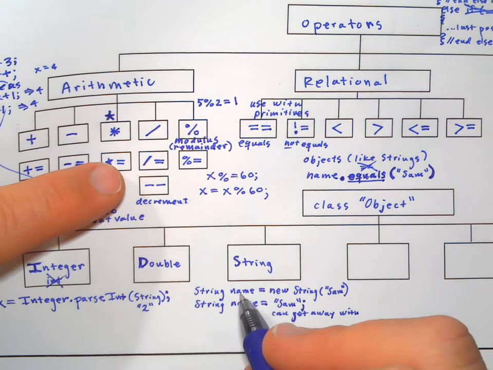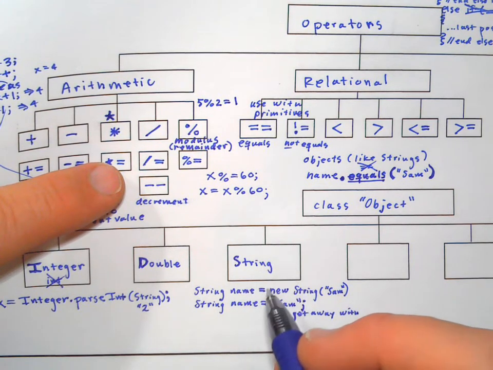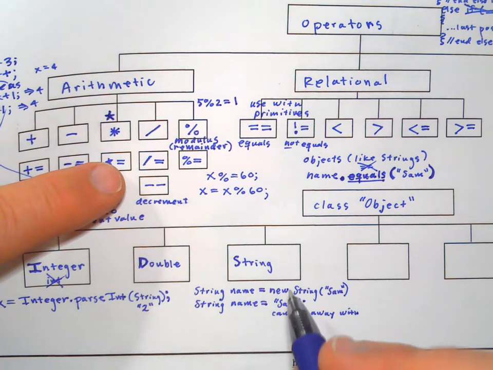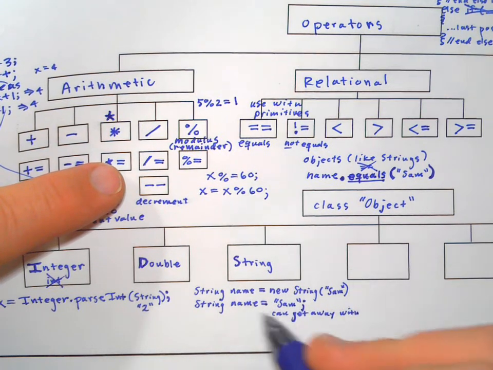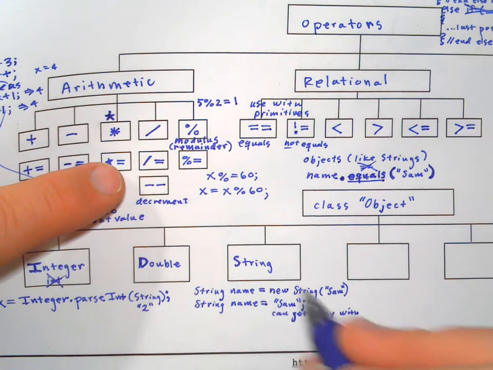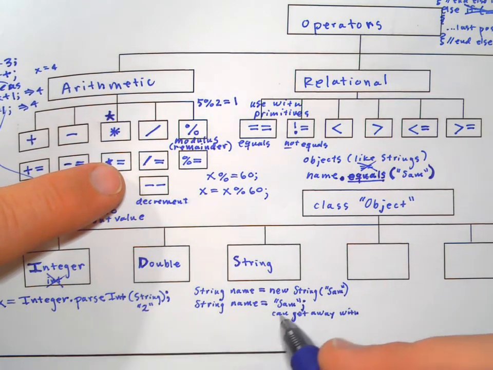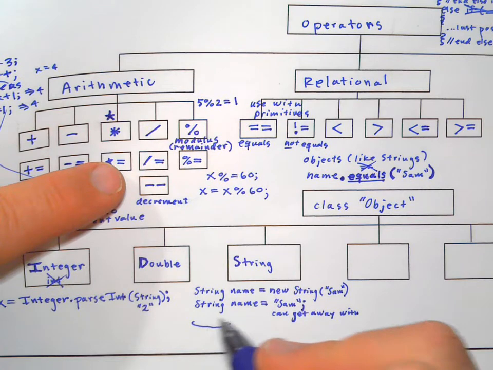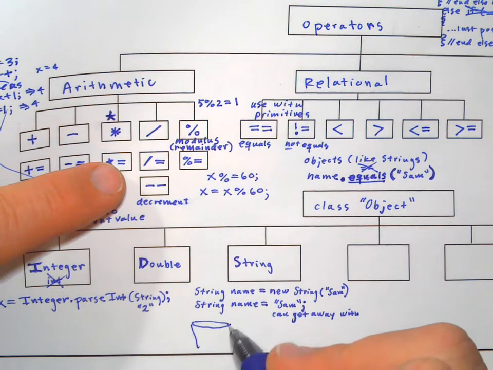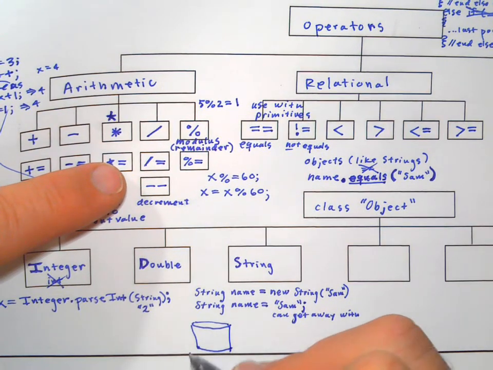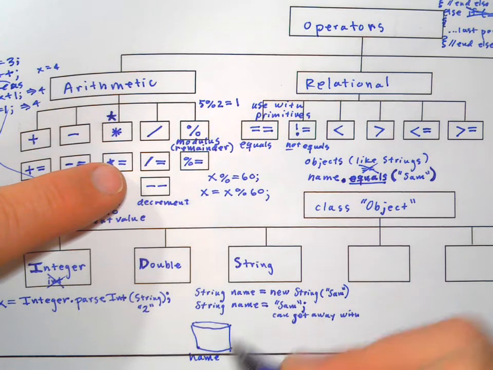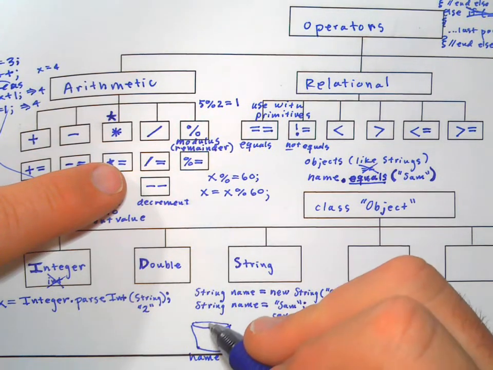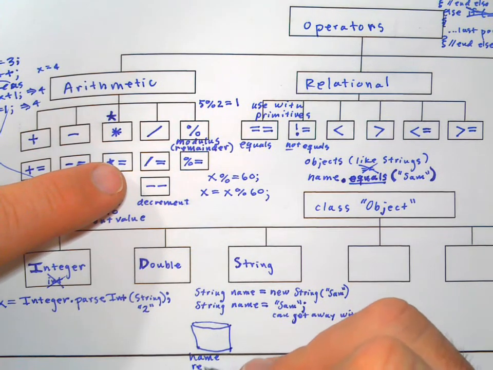Now, these variables are a little different than the ones we use for primitives. The primitives actually are the location in the memory, whereas here, we're going to do things to strings. There are methods we can use and stuff like that. So to illustrate it, there's a spot in the memory for name, and we call it a reference.